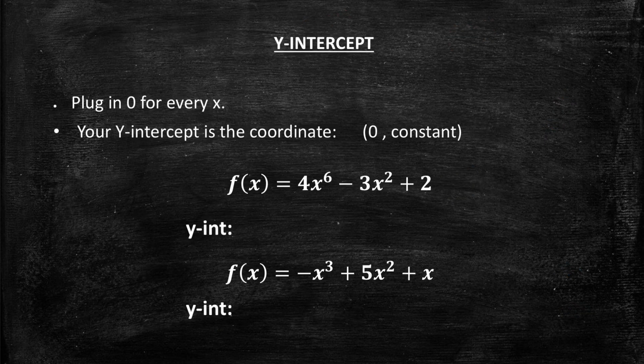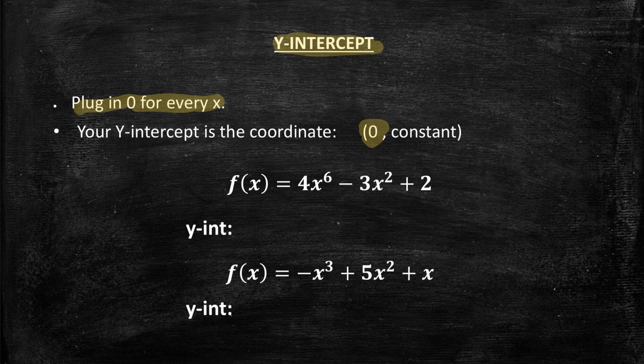Okay, the last thing we're going to talk about in this video is how to find the y-intercept. When you're trying to find the y-intercept, you're going to plug in 0 for every x, and that's because when you write the ordered pair for a y-intercept, your x value is always 0.